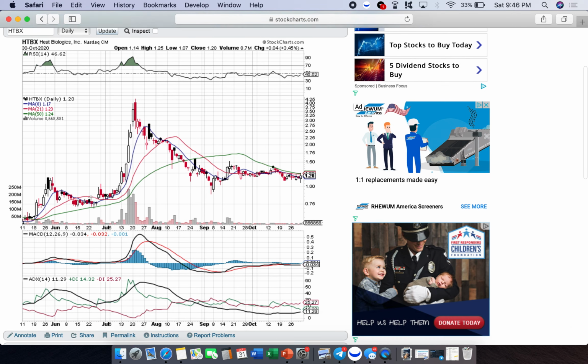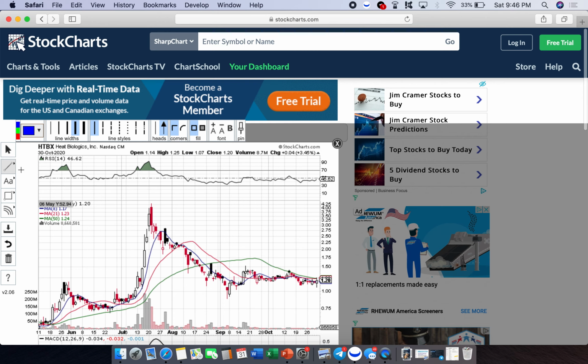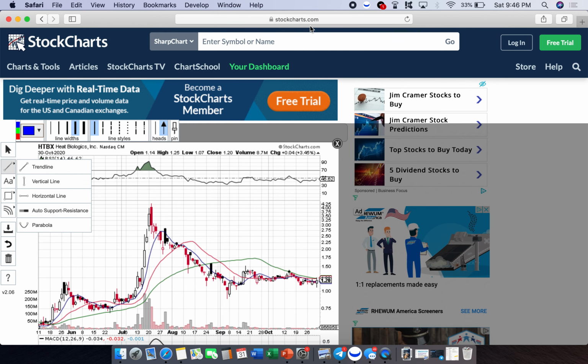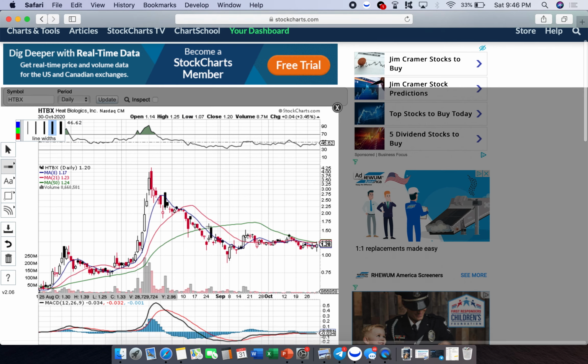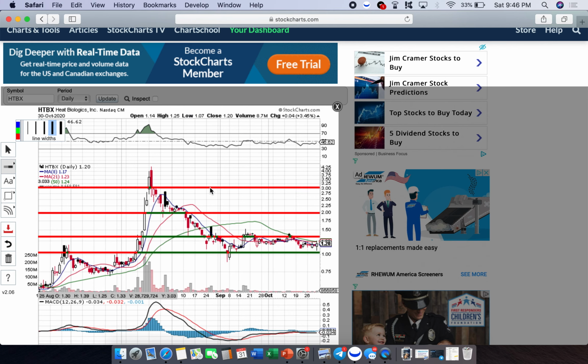One of the things that people have difficulties with is finding floors. So you can use this program on stock charts to go through floors. You can set it to auto support resistance line, and I can click wherever I want.